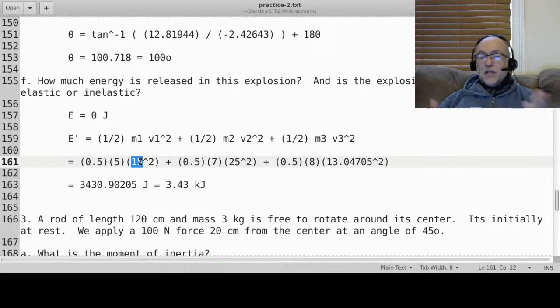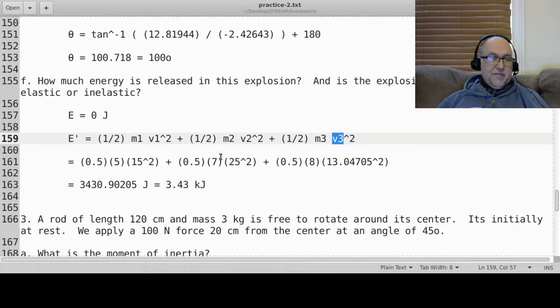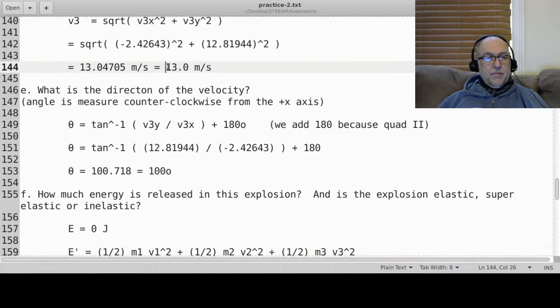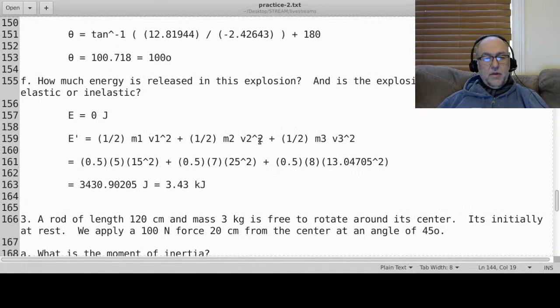I know it's in a different direction now, but that doesn't matter. Remember that when you have v squared in your energy formula, direction does not matter. So 15, for v2 it's still 25, and v3 is a different number now, which I put in there.